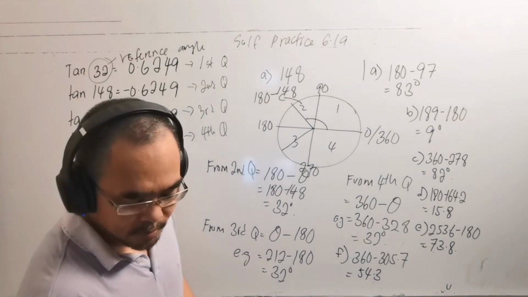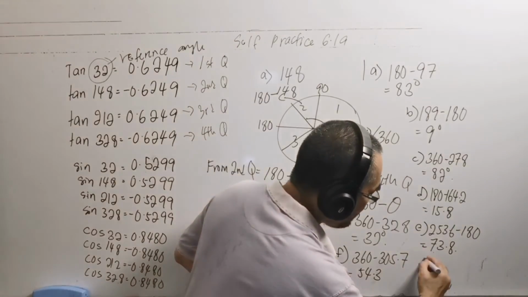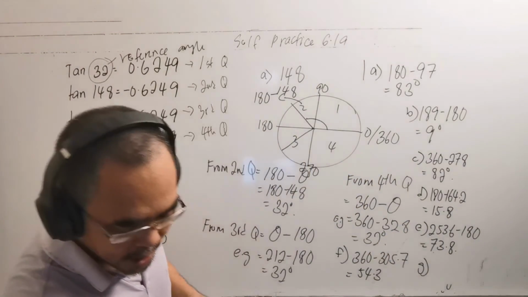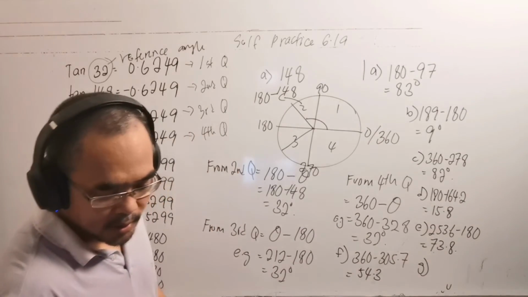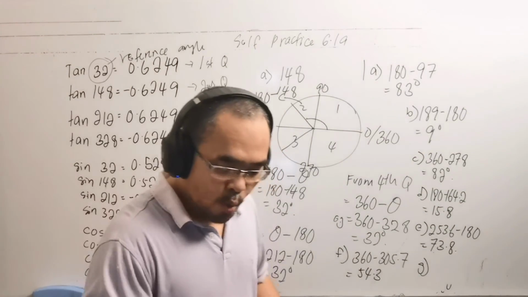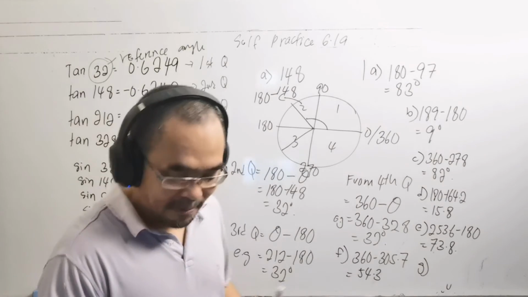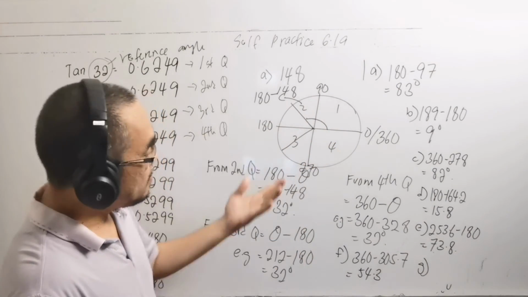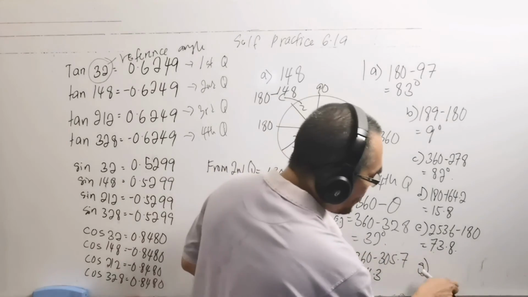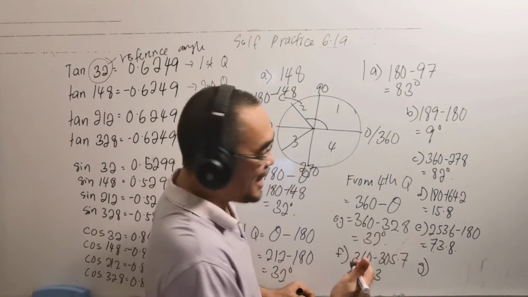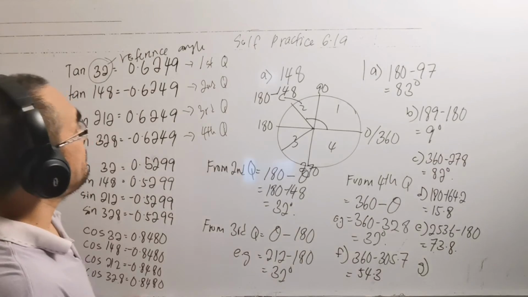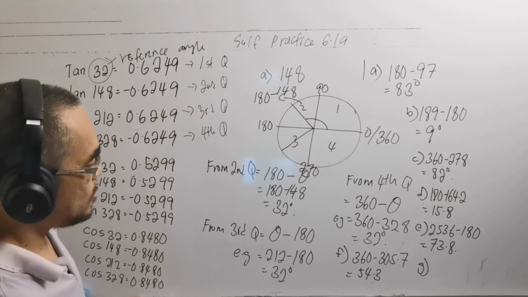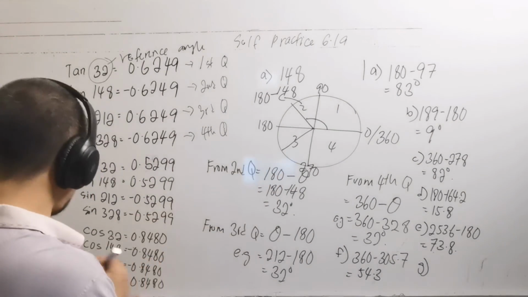And how about G? G is 128.53. Oh, not point. 128 degrees 53 minutes. But still it is in the second quadrant. In order to know the angle related to it, it will be 180 minus 128 degrees 53 minutes. I think you cannot see that.